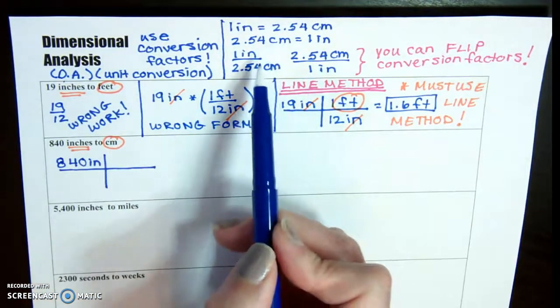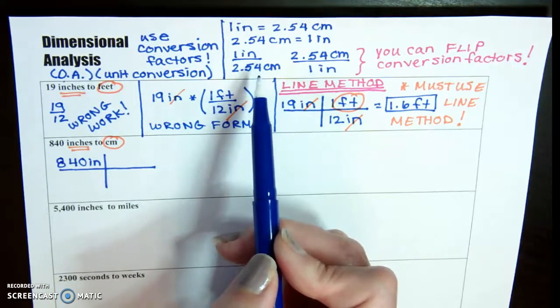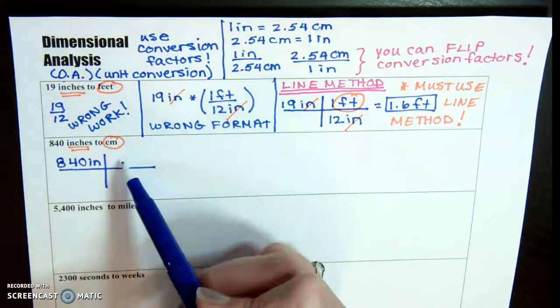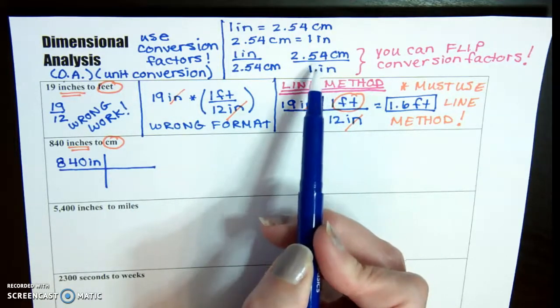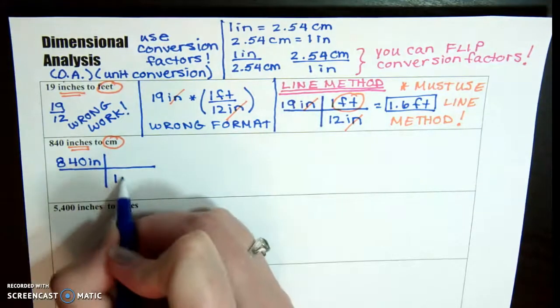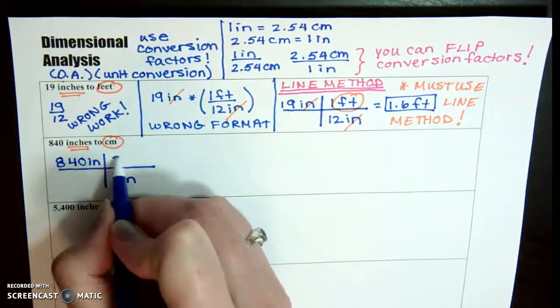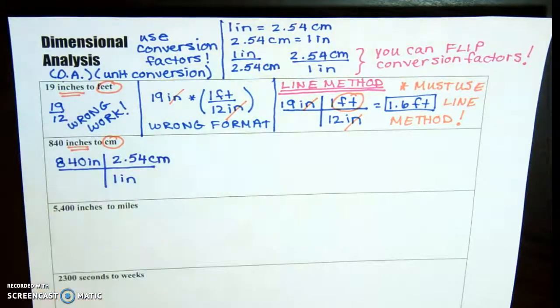So I know that 1 inch is the same as 2.54 centimeters, but if I put inch on the top, it won't be able to cancel. So I'm going to use this version of my conversion factor so that inches is on the bottom. So 1 inch is the same as 2.54 centimeters.